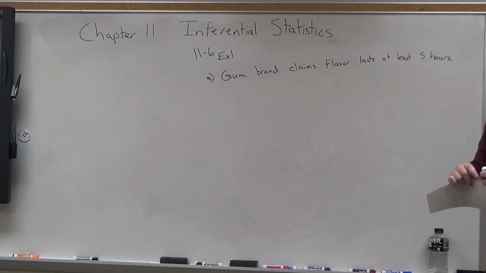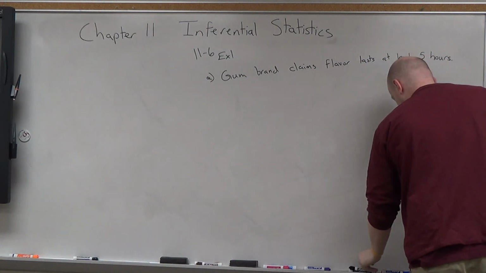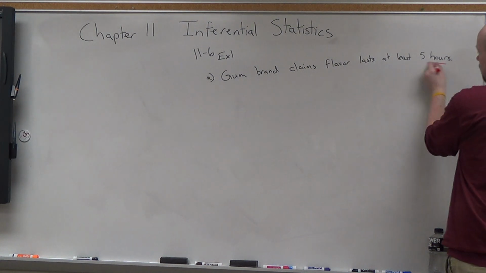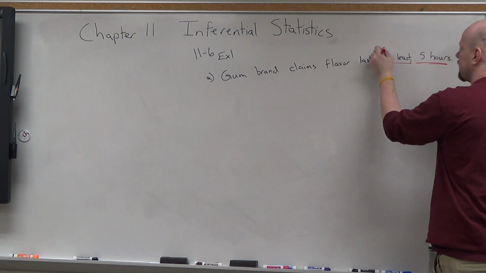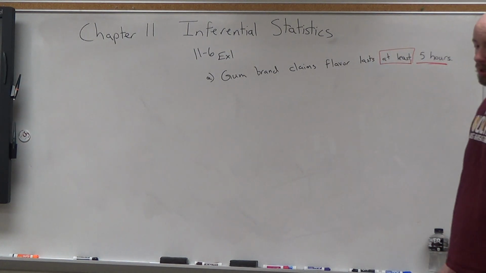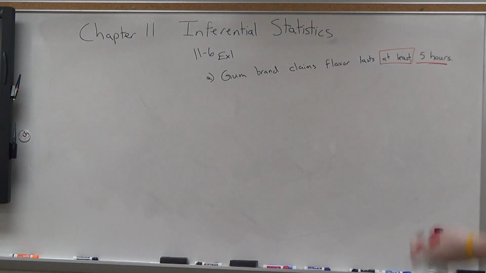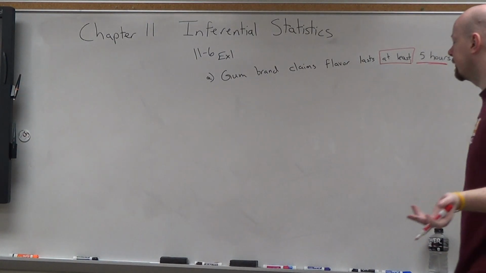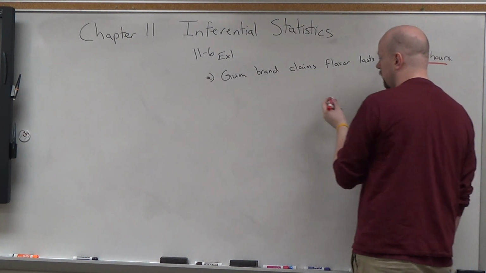It claims if you chew on that gum, it will still have flavor for at least 5 hours. Okay? So first, we need to identify what the expression is saying. Well, first we've got our test value, 5. And the big thing is we need to look at this "at least" value. So the question is, would at least include 5 hours? Is 5 hours at least 5 hours? In this case, yes. So the claim is at least 5 hours.